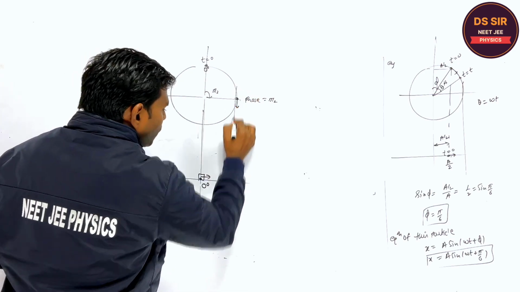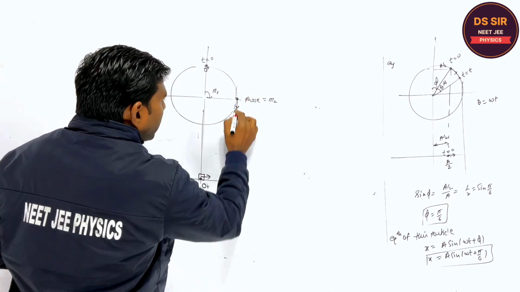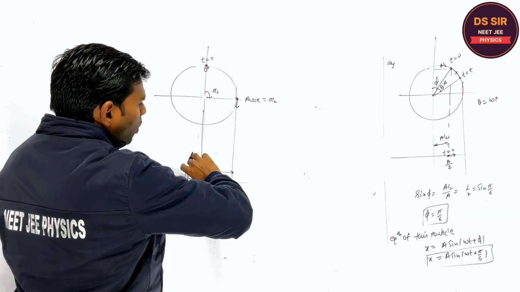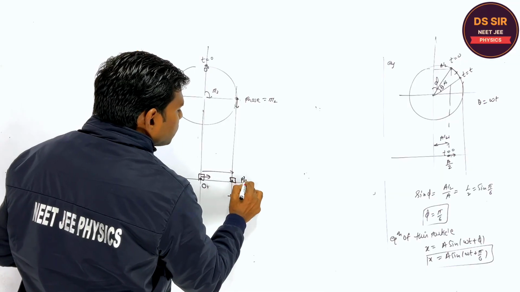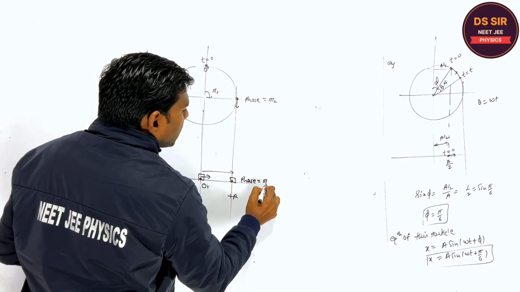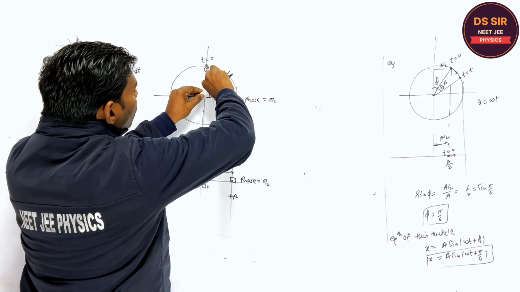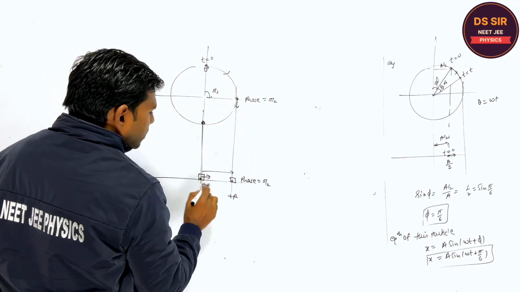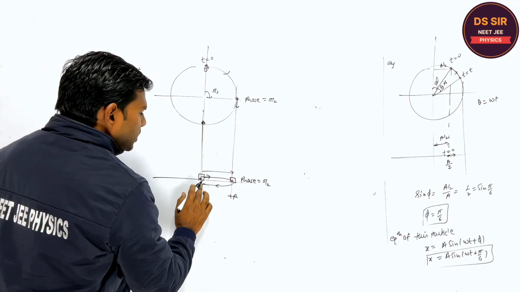So it means when the particle is at mean position, its phase is 0. When it reaches the right extreme plus A, like this, how much phase has it covered? At this point, the phase is pi by 2. When it moves further and comes back to the mean position, what is the phase at this point?